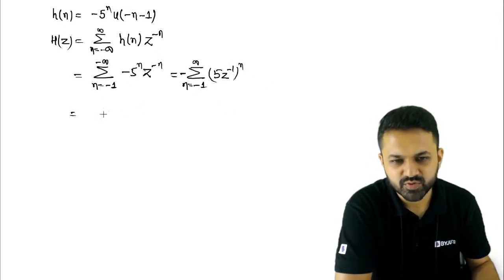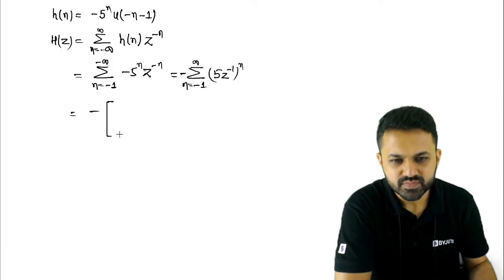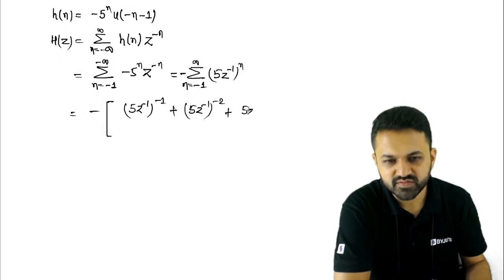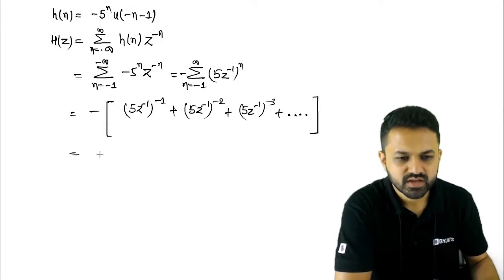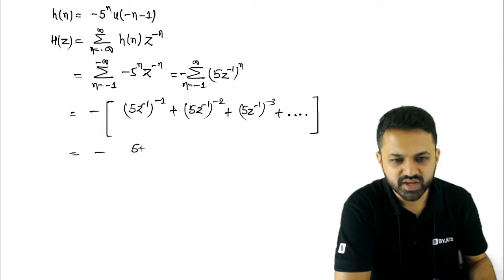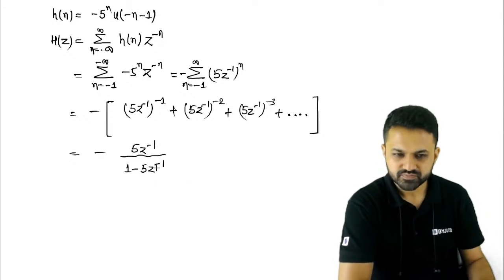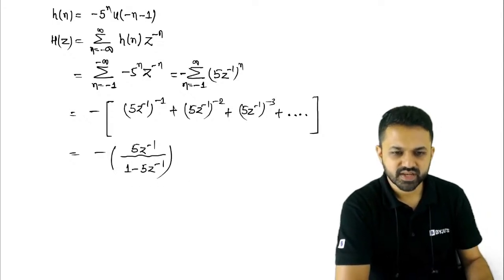When you put n equal to 1, you get 5 z to the power minus 1 to the power minus 1 plus 5 z to the power minus 1 to the power minus 2 plus 5 z to the power minus 1 to the power minus 3 and so on. So this is minus 5 z inverse upon 1 minus 5 z inverse. This we will get.